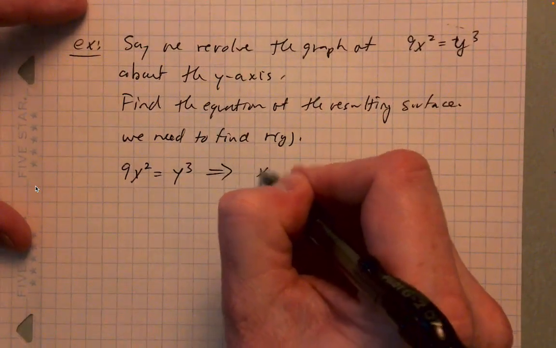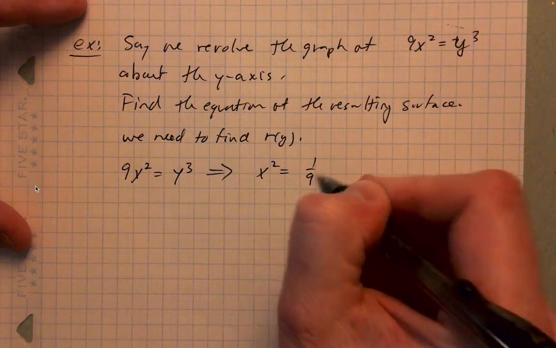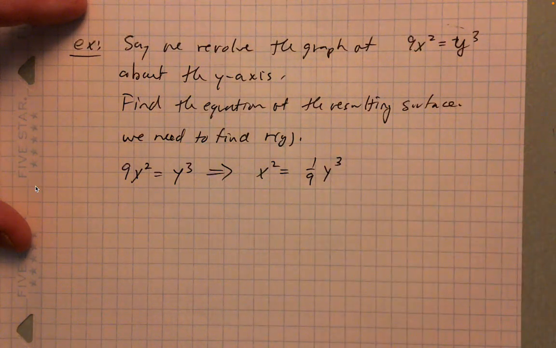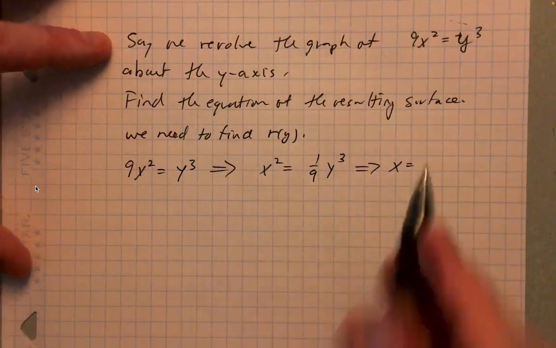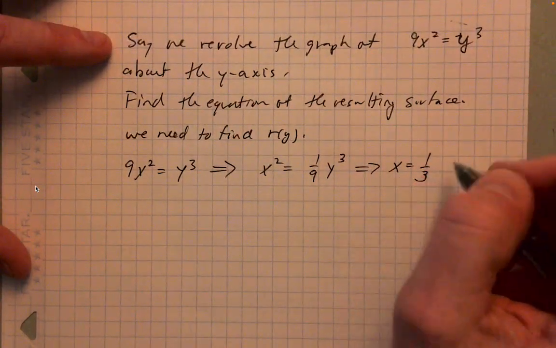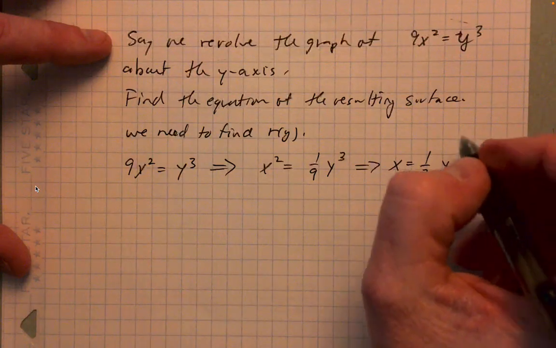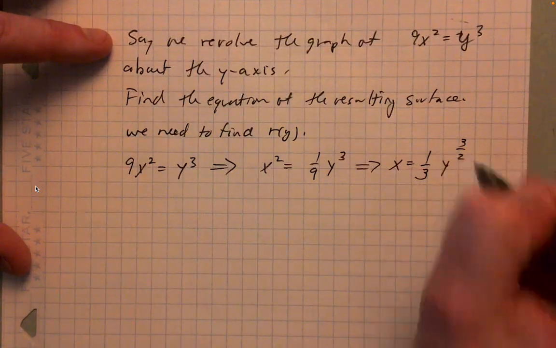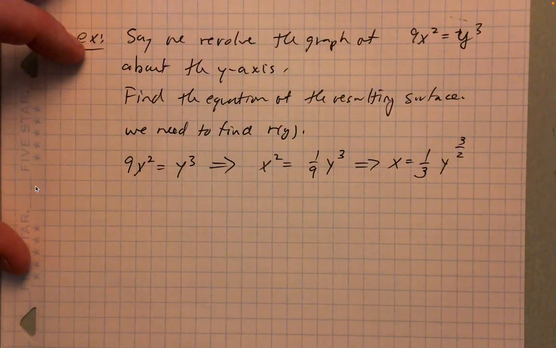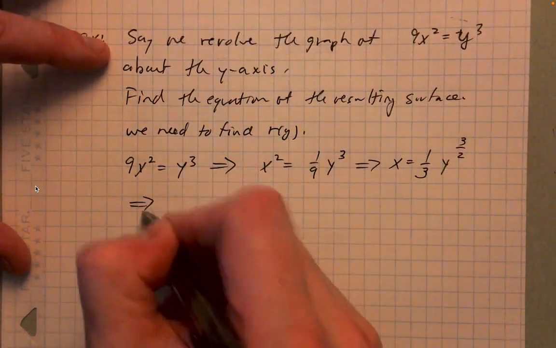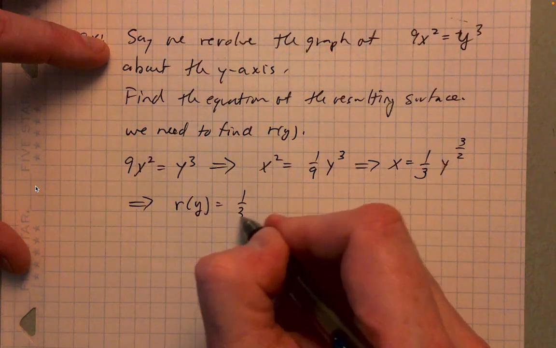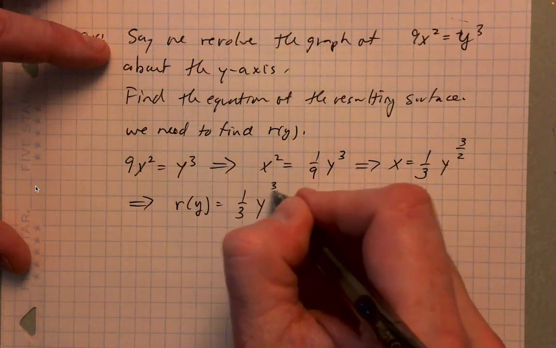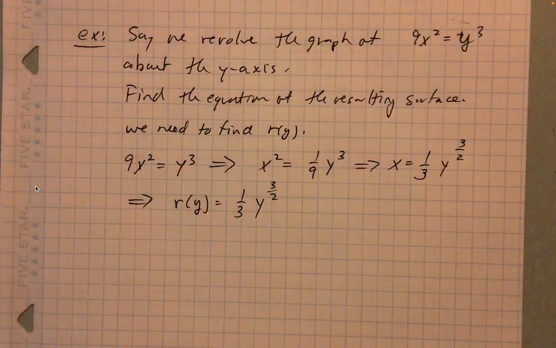That means x squared equals 1/9 of y cubed, and that means x is equal to 1/3 of y to the 3/2 power. So basically, we now know that r of y is 1/3 y to the 3/2.